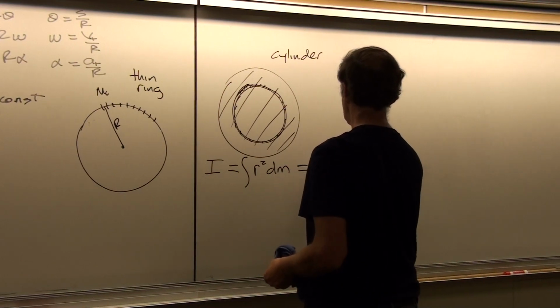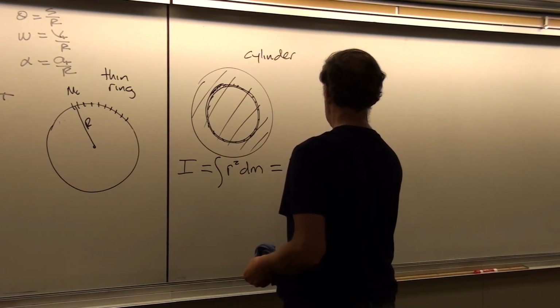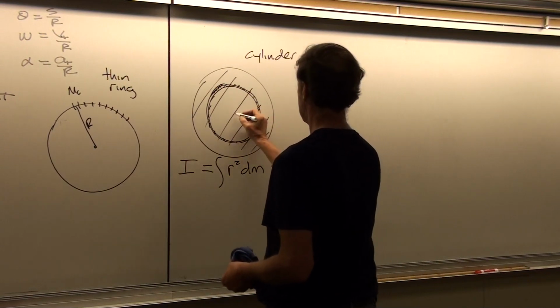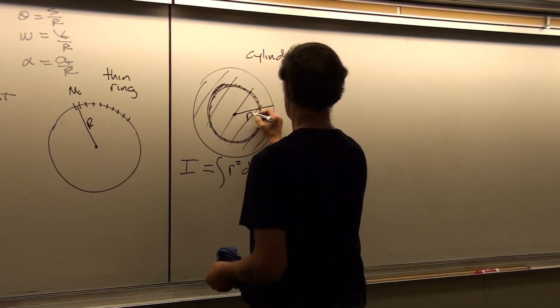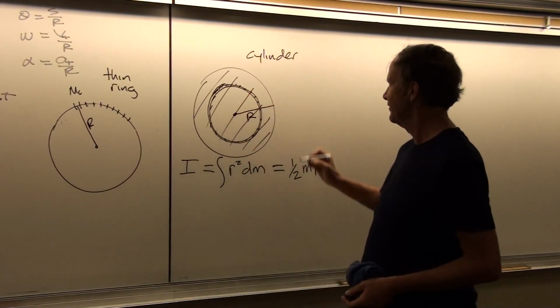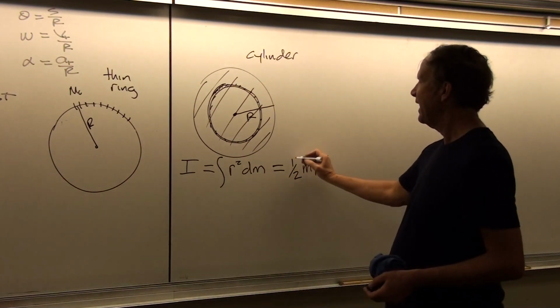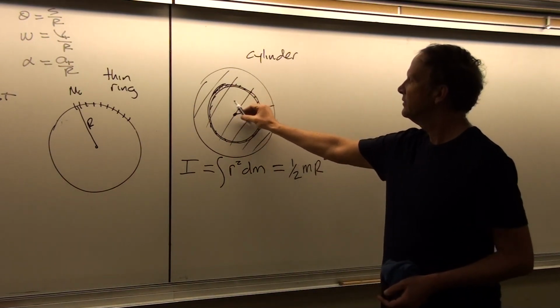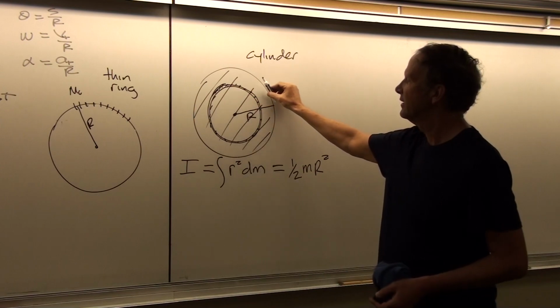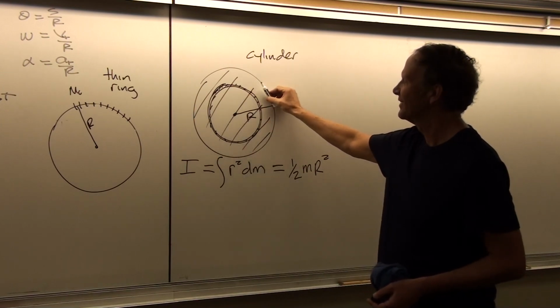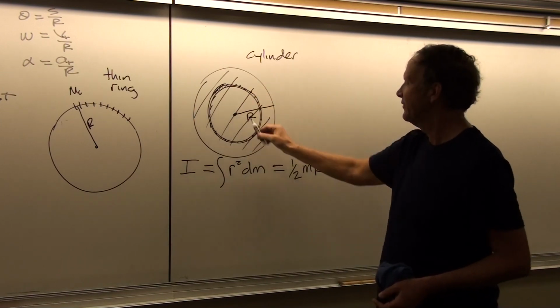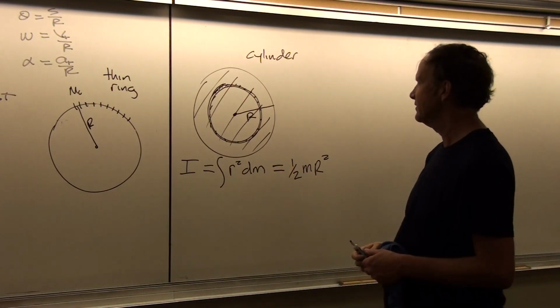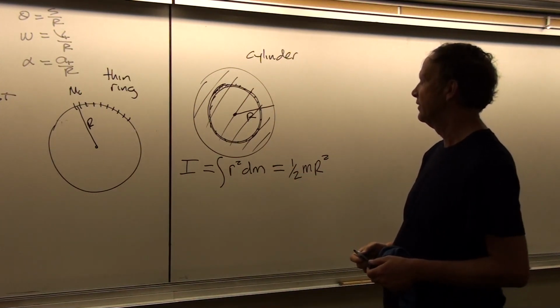This is equal to 1/2 m r squared, where r is the maximum radius of the cylinder, and the 1/2 factor is due to the fact that a lot of these thin rings, almost all of them as a matter of fact, are at a value of r that's less than they would be for the thin ring.